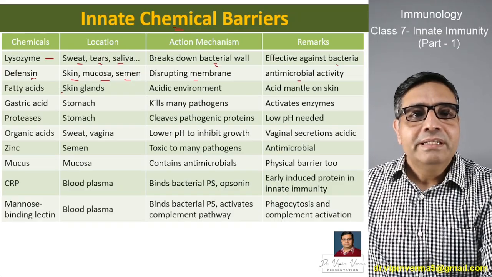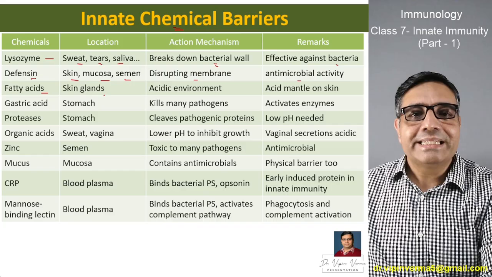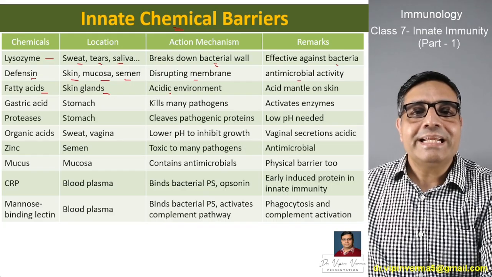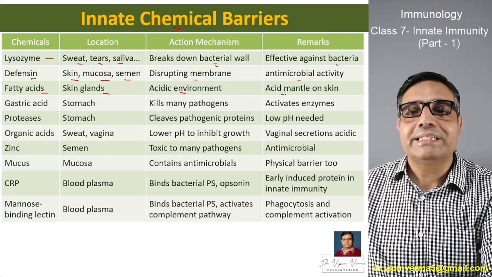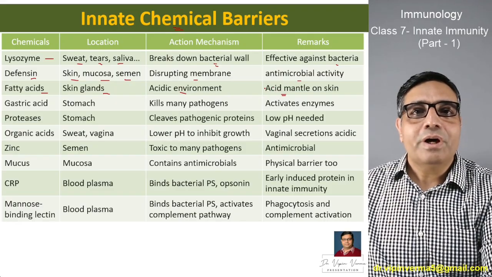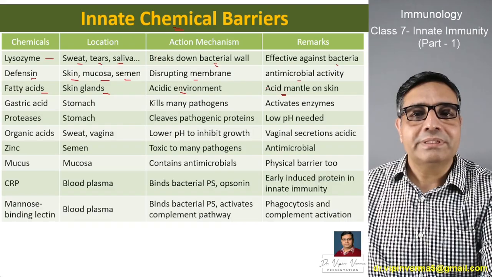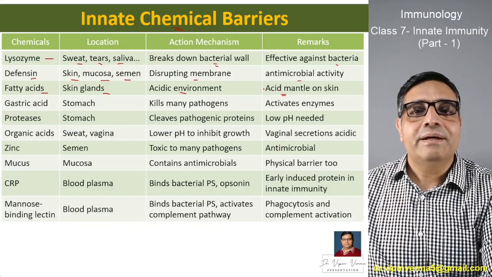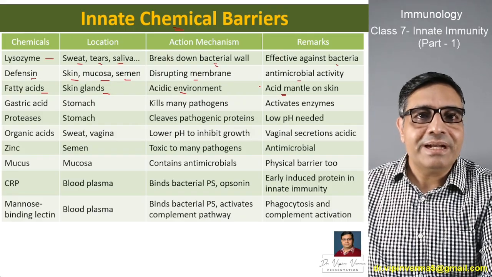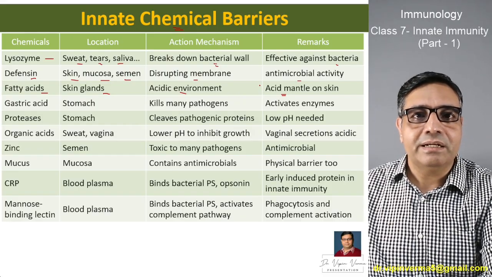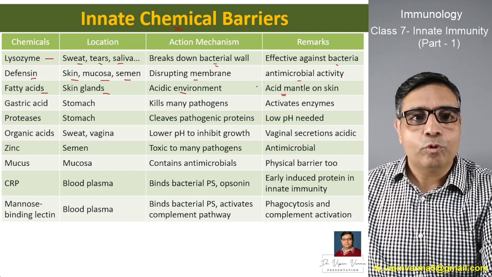We have fatty acids produced by the skin glands, which create an acidic environment and are responsible for the acid mantle on the skin. So our skin has a slightly lower pH, towards acidity, which creates an acid mantle and resists the growth of microbes.